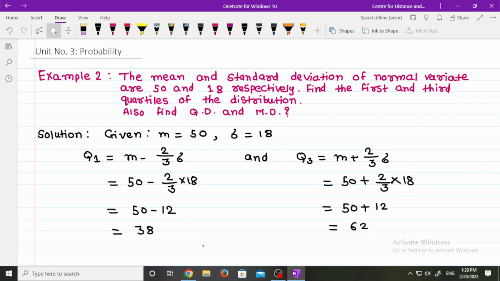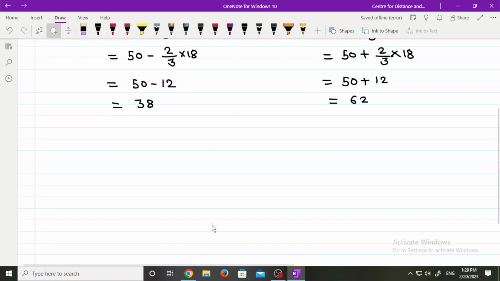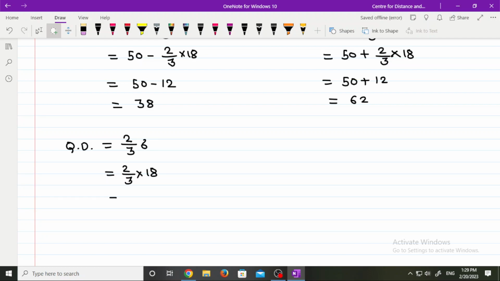Then we have to find out QD, that is quartile deviation, which is equal to 2 by 3 sigma, which is equal to 2 by 3 into the value of sigma is 18. That is, here we get 12.